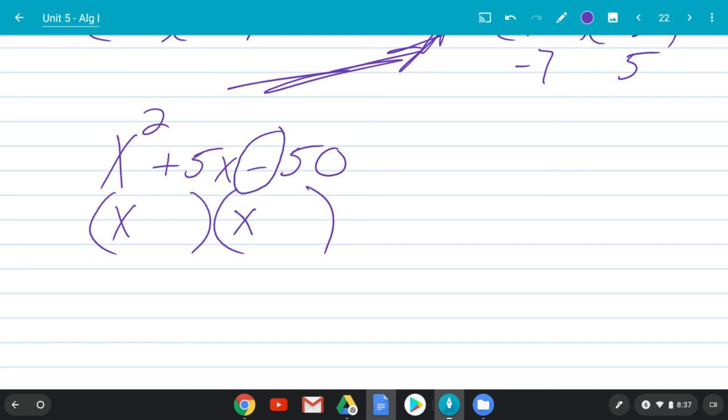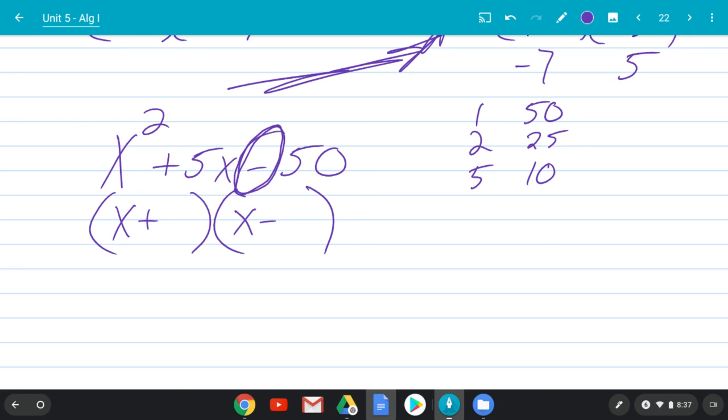This last sign tells me they are a plus and a minus. Opposite. List my factors of 50. 1 and 50. 2 and 25. 3 is not going. 4, no. 5, 10. 6, 7, 8, 9.